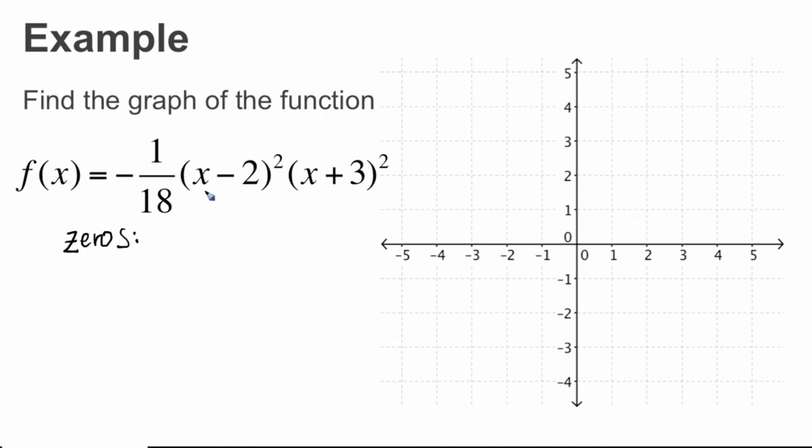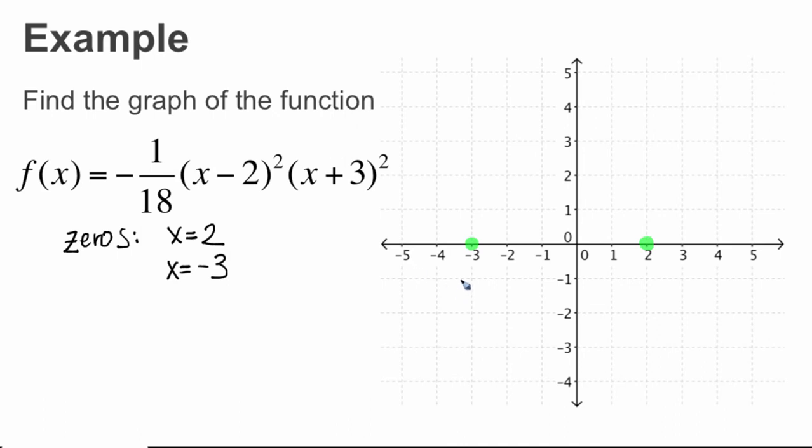So to start with, we'll find the zeros. From this first factor, if x minus 2 equals 0, we find that x equals 2 is one of our zeros, and it has multiplicity 2. And from the other factor, if we set that equal to 0 and solve for x, we find that x equals -3 is our other zero. So let's start by plotting those. We have x equals 2 here, and x equals -3 here.